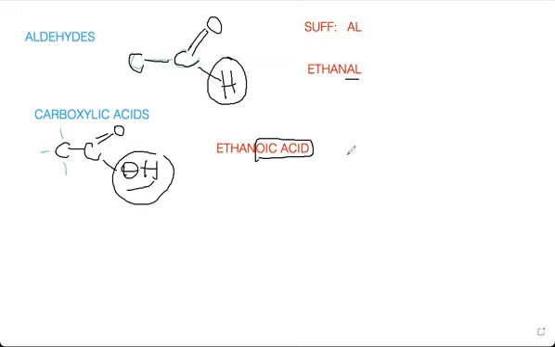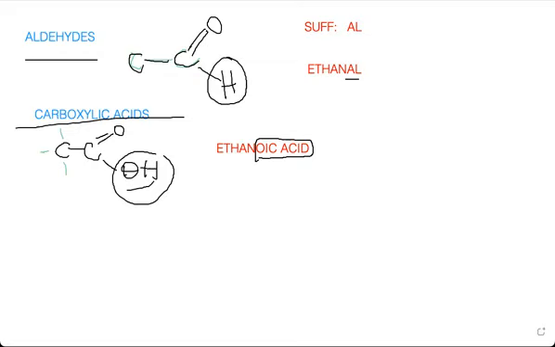Then you should know what the structure of aldehyde is. Because first you have to draw the structure, then you can react something, then you can see which bond is going to be broken. So you can see ethanal, aldehyde and carboxylic acids. There is similarity in structure only. Everything is different.